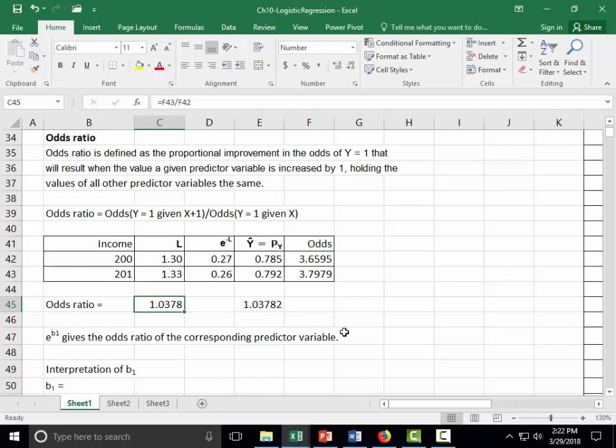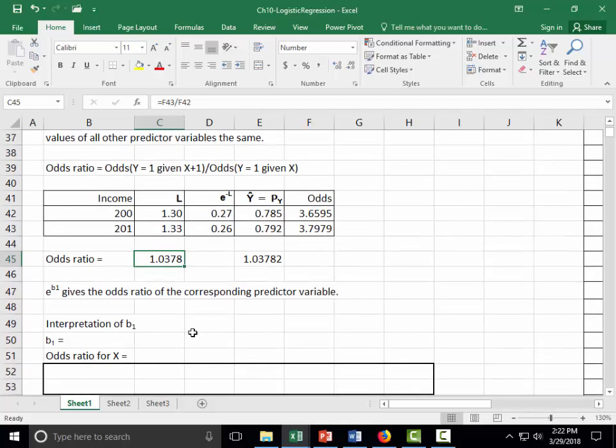It doesn't matter where the x value is; when the value of x increases by 1, the odds will always increase at this rate, by 3.78%. So odds ratio gives us what will happen to odds when x increases by 1 unit in value.